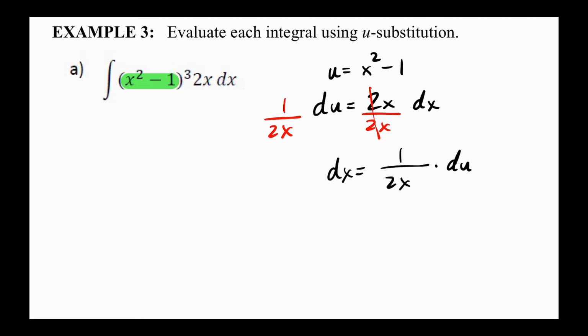Now we're going to sub in. Now we're substituting in. What am I substituting in? I'm substituting in u and du back into the original, okay? So I'm going to rewrite the original. Instead of x squared minus 1, what's another way of saying x squared minus 1?